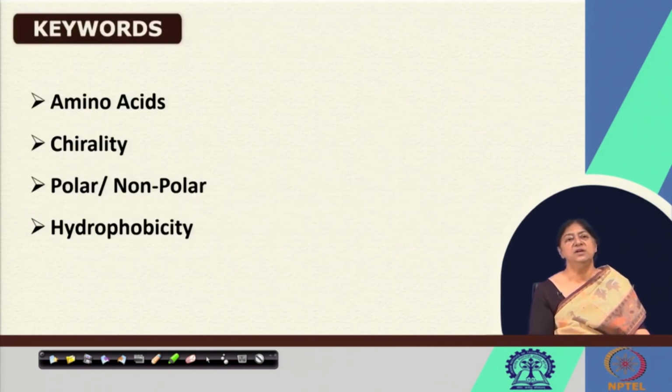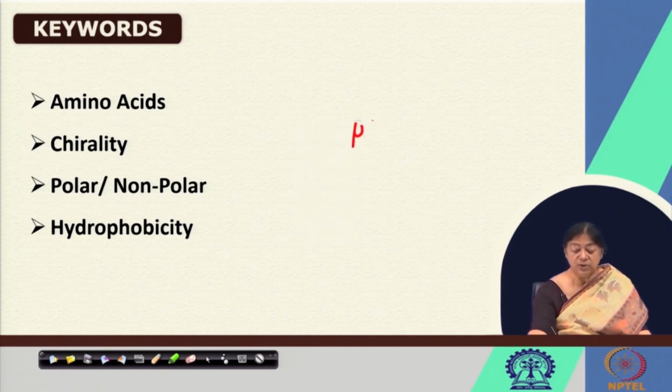So, what we learned here was the amino acids, their chirality, the polar and non-polar aspects of them, the hydrophobicity, and an understanding of how we can calculate the pI, the isoelectric point of a protein. What is this isoelectric point?